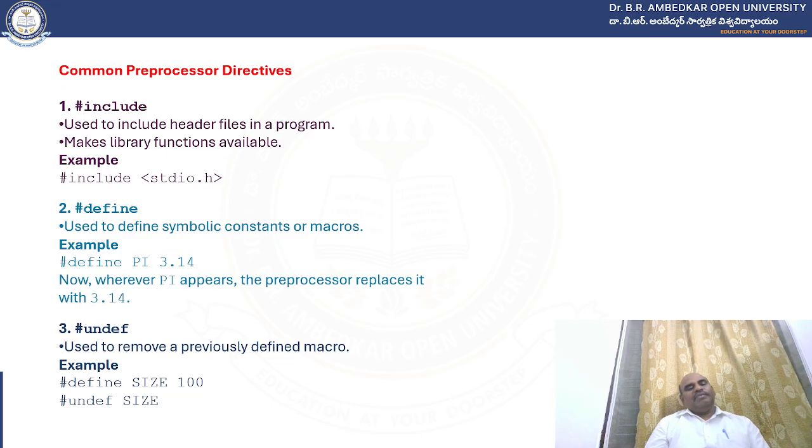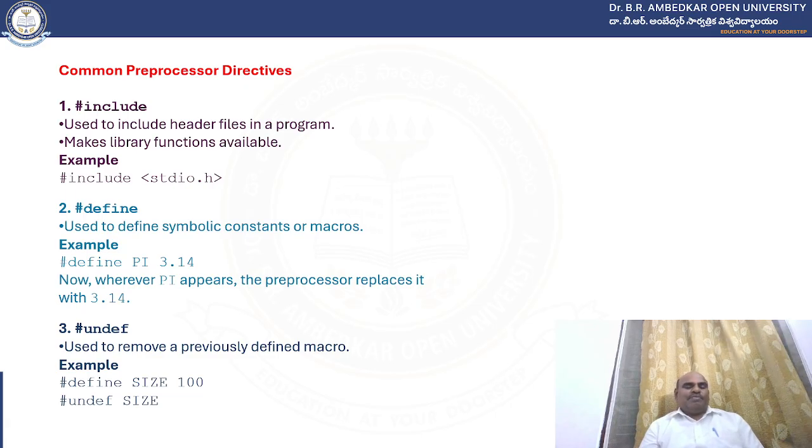Not only pi, we can also take a variable and fix it with some constant value, such as defining x as 5. If we want to define something, we can use this second type of directive.